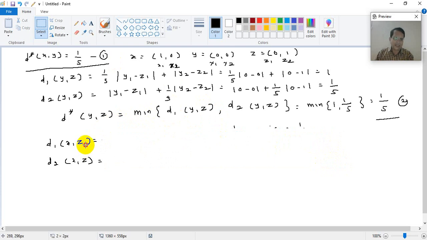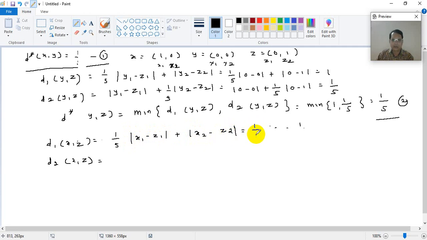Whenever I want to calculate d1 xz, I will write it directly. It should be 1 by 5, and we are calculating the distance between x and z, so I will use the formula of d1. 1 by 5 into bracket, mod of x1 minus z1 plus mod of x2 minus z2. So what will that be? 1 by 5 mod of x1 minus z1, that is 1 minus 0, so 1 only, plus mod of x2 minus z2, that means 0 minus 1.